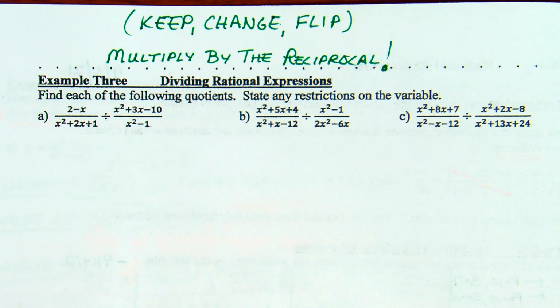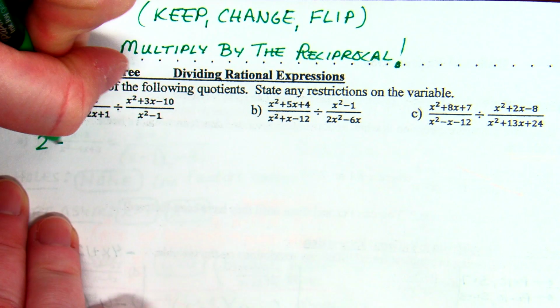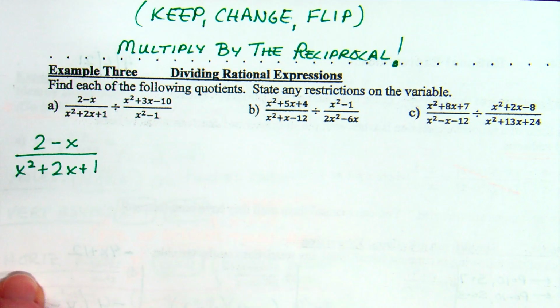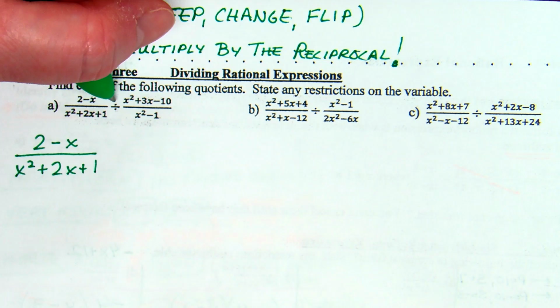For the benefit of teaching to the entire class, I'm going to do a keep, change, flip first. So I'm going to keep my first fraction as 2 minus x over x squared plus 2x plus 1. Division becomes multiplication.